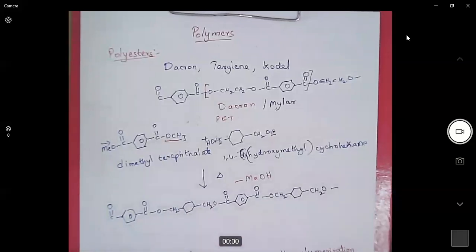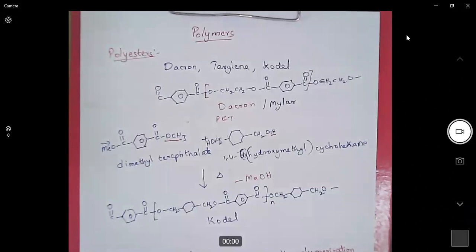So it will continue like this. When we look at the monomer, alcohol part and carboxylic acid part, this is the polymer chain. Now this polymer is called Codel. Now I request you to read the properties and the applications of polymers.